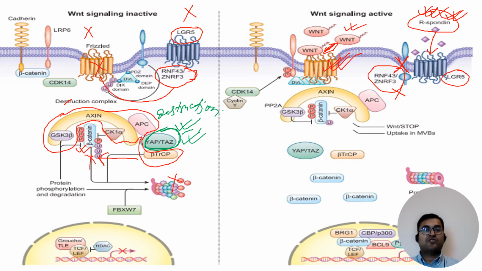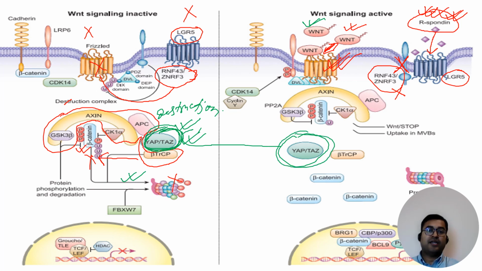So YAP/TAZ actually acts as one of the components of this destruction complex, which induces the beta-catenin destruction. So YAP/TAZ actually helps in inhibition of this Wnt signaling pathway. But in case of presence of this Wnt ligand, this YAP/TAZ actually activates this Wnt signaling. So what basically I am trying to emphasize here is this YAP/TAZ has a dual role in Wnt signaling pathway.